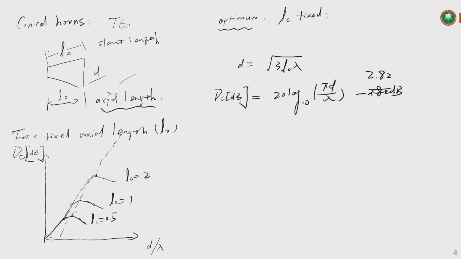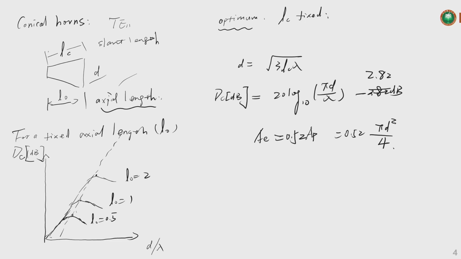And for such a kind of horn antennas, the relationship between the physical aperture and the effective aperture is just 52% of that one, and so 2 times pi d squared.